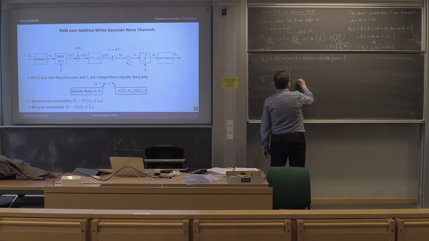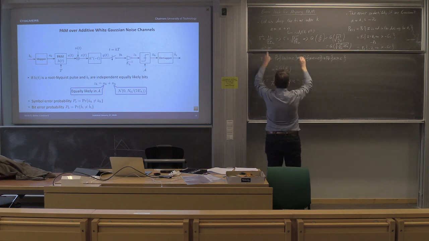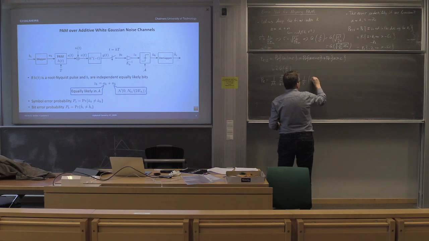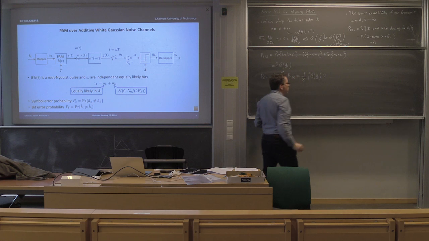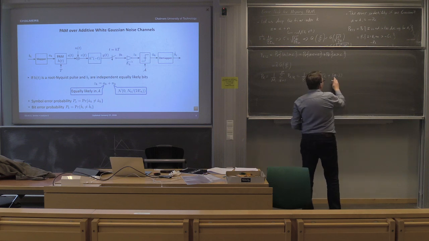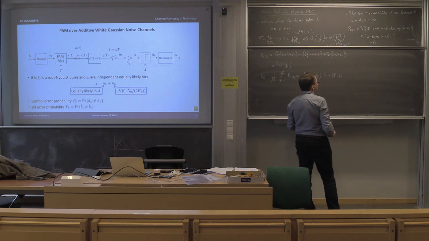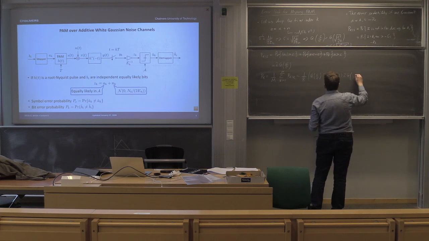And in our case, we had 1 over 8, and then we had 2 endpoints, which had a probability of error Q of C divided by sigma. Okay, so these are our 2 endpoints. And then we had M minus 2 inner points, actually 8 minus 2, so 6 inner points, and all of them had twice the error probability of the endpoints.